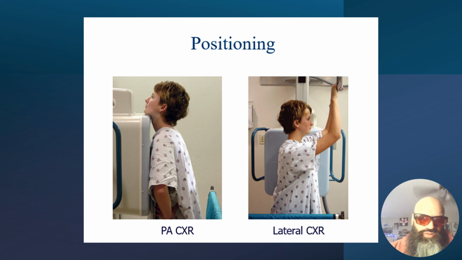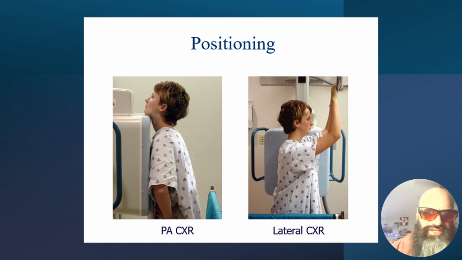So this is why we would like to have the film as close as possible to the anterior chest. So when we take a chest x-ray, we like to have the patient's anterior chest region directly up against the film to get a better image and to help decipher any abnormalities that may be present.